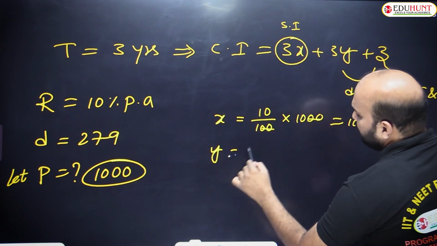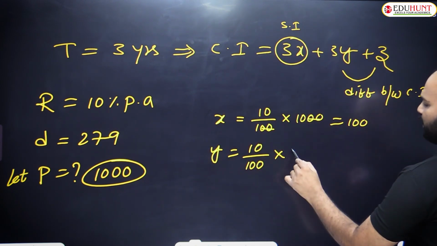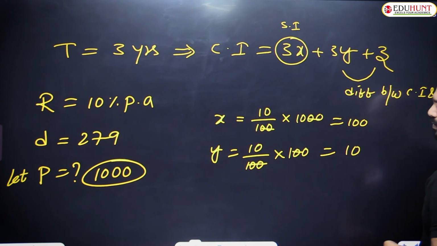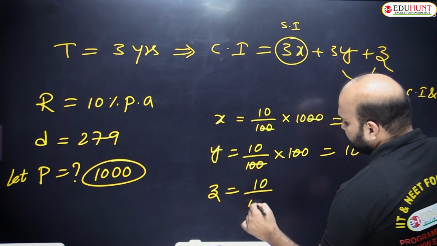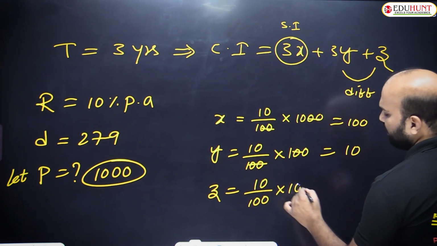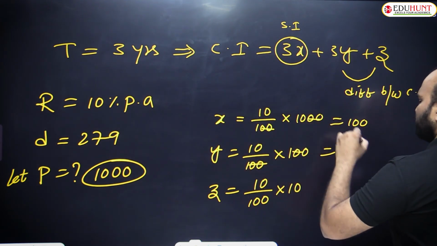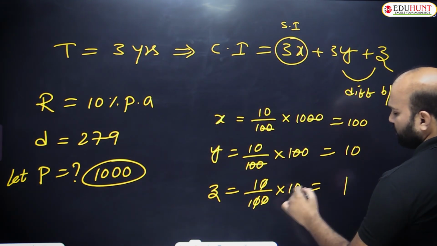Again we calculate 10% of x, so 10% of 100 is 10. This is the y value. And how do we get z? Again 10% of y. 10% of the principal is x, 10% of x is y, 10% of y is z.